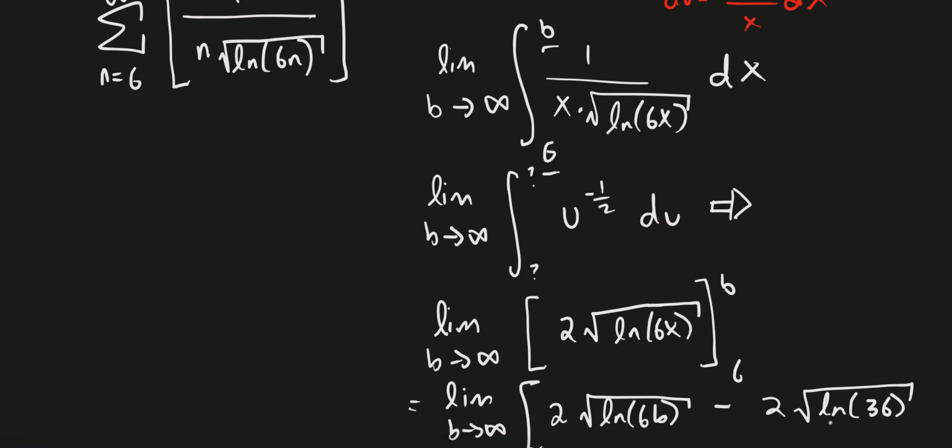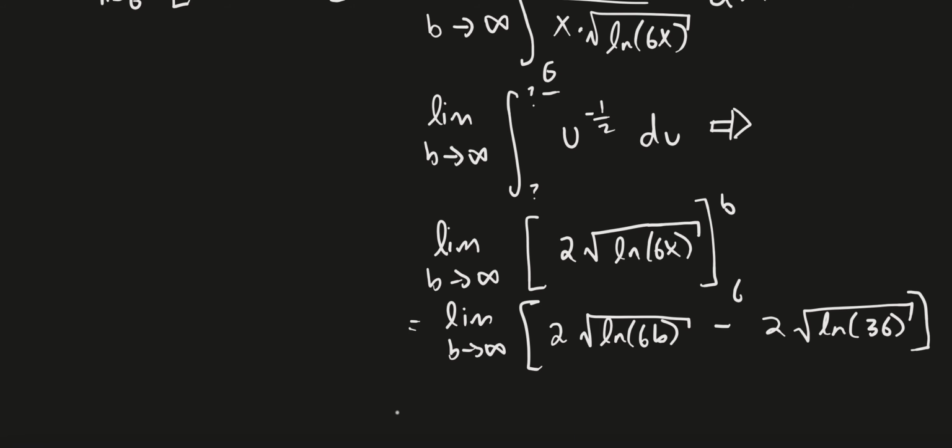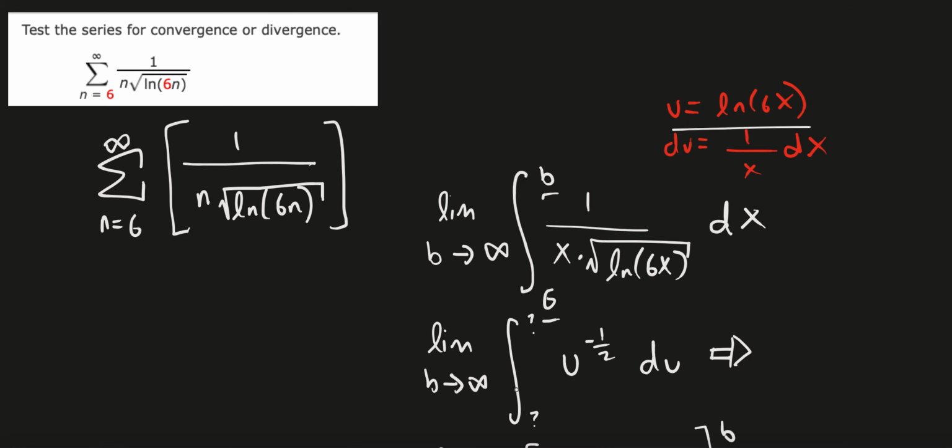This doesn't matter, okay? This doesn't matter at all. We could have just not even done this part and just said that, okay, it's going to be some number. But yeah, we can write it out. It's fine. So this is some finite number. This is what we have to worry about now. This here is going to get infinitely large, and then this whole thing is getting infinitely large. This entire thing is just going to be infinity.